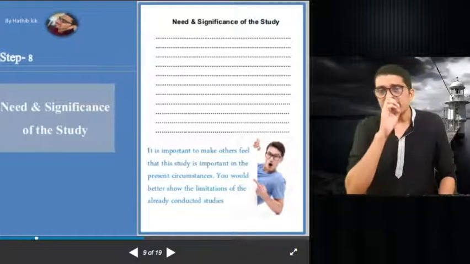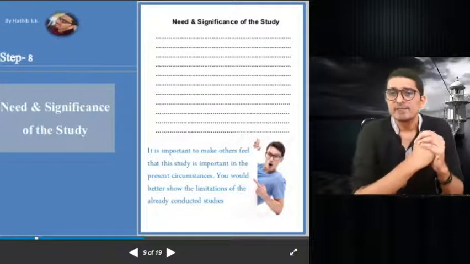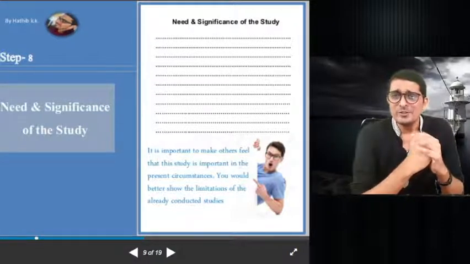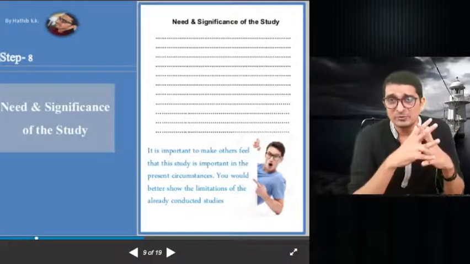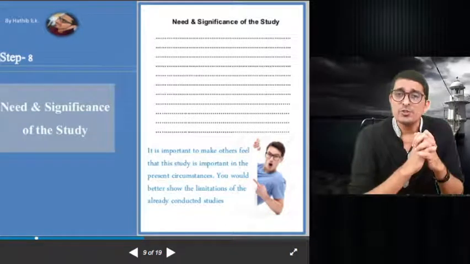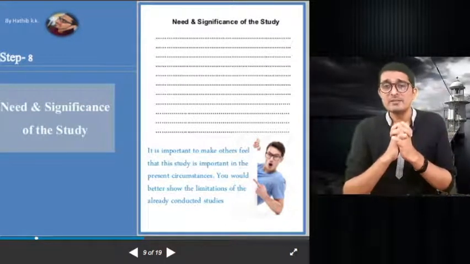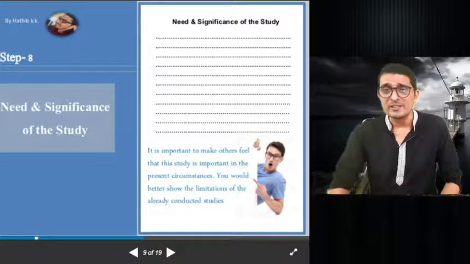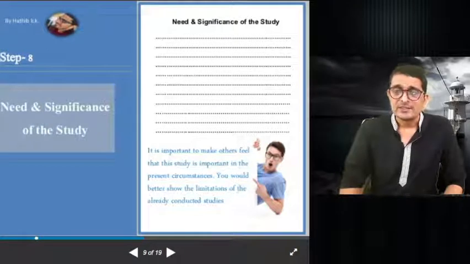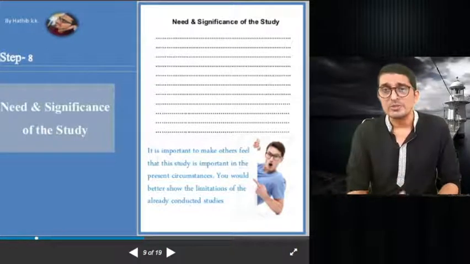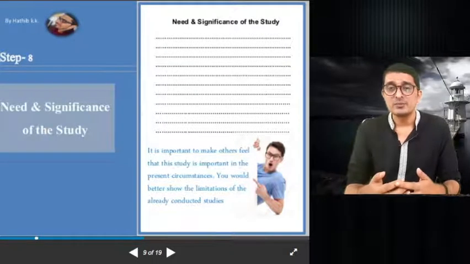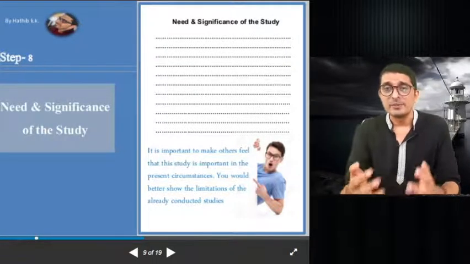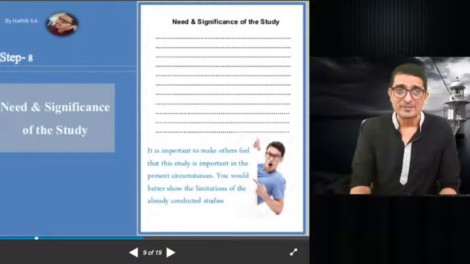Then comes need and significance of the study. Actually, you are going to conduct a study just because you have to conduct a study. Nowadays, all the people are conducting some studies just because they are compelled to do so, because they have to complete a project for passing the BA degree examination.